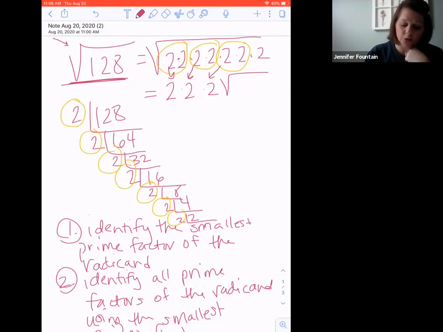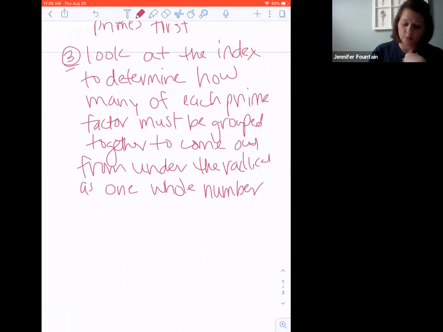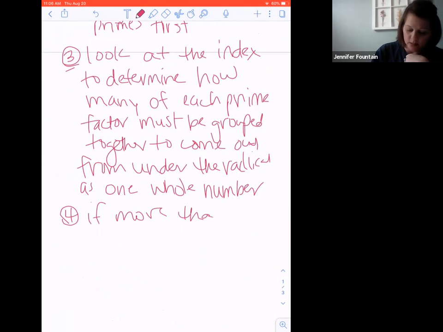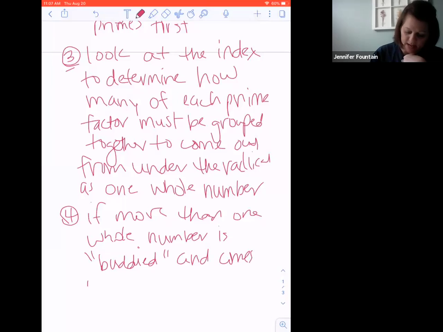My other number that was not buddied up has to stay under the radicand. So remember I said they can come out from under the radical as one whole number if they are buddied.